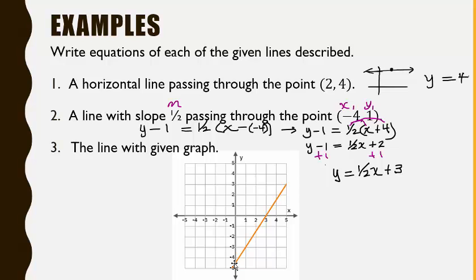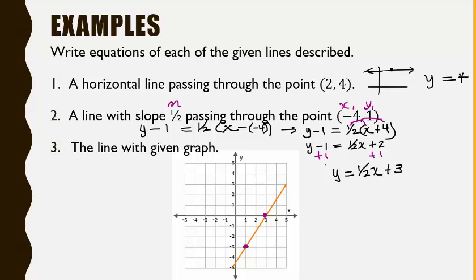If I don't know 100% the coordinates of the y-intercept, then I'm going to pick other points that I do know. So I'm going to pick this one, which is at (1, -3), and this one, which is the x-intercept, at (3, 0).